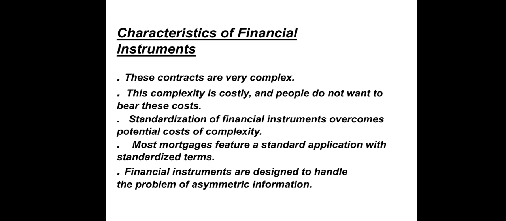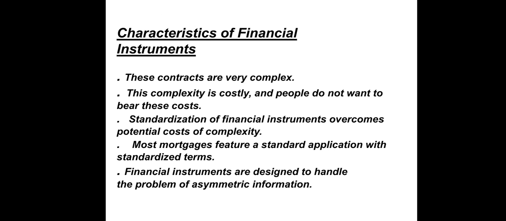And next is characteristics of financial instruments. These contracts are very complex. This complexity is costly and people do not want to bear this cost. Standardization of financial instruments overcomes the potential cost of complexity. Most mortgages and futures have standard applications with standardized terms.